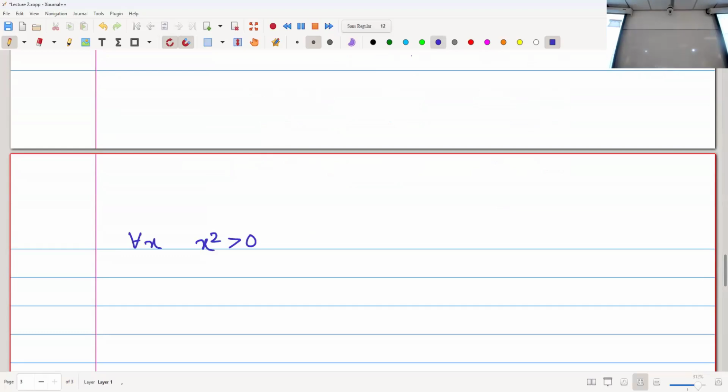But when I put "for all x" before it, this whole expression becomes a statement, because now I can assign truth to it. I can say whether it's true or false. I'm saying that for every element x in my universe, x squared is greater than 0. But is it true or false?